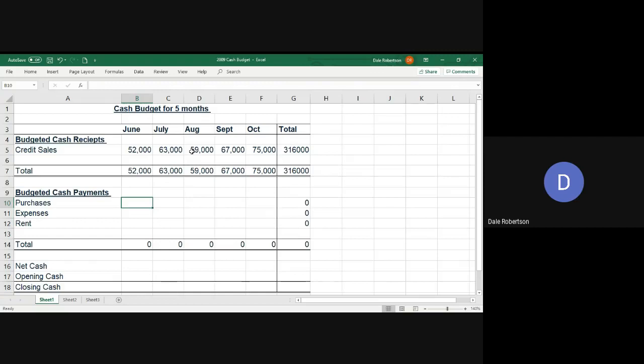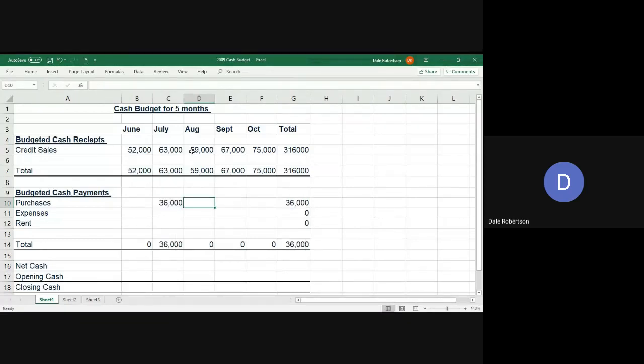Now, to read the sentence about purchases, the last of the 4 bullet points at the bottom of the question, it says all purchases except 18,000 for cash in August, similar to the last question we had, are paid for 1 month after the month of purchase. So therefore, the monthly purchases only have a single month delay. Whatever you buy in June, you would pay for in July, 36,000.